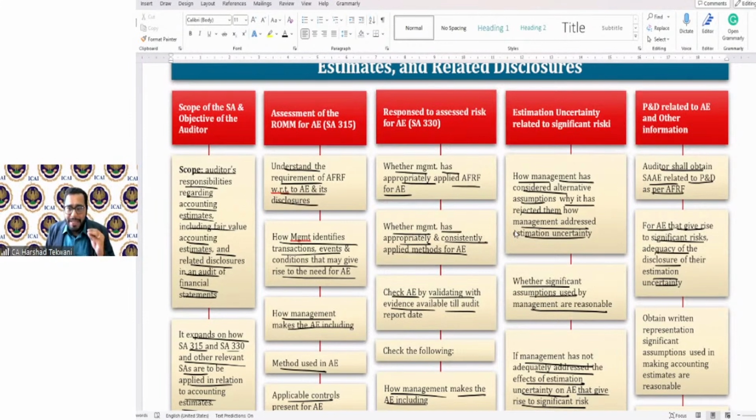You need to understand the disclosure requirement for accounting estimates that give rise to significant risk. You need to obtain written representation with respect to the significant assumptions used in making the accounting estimate and whether they are reasonable or not.